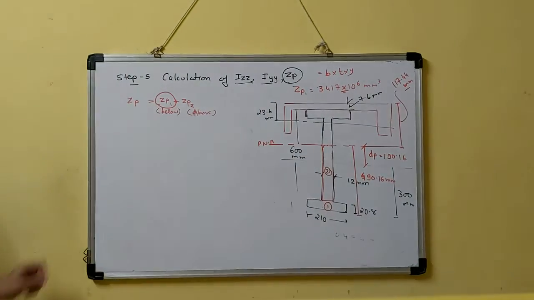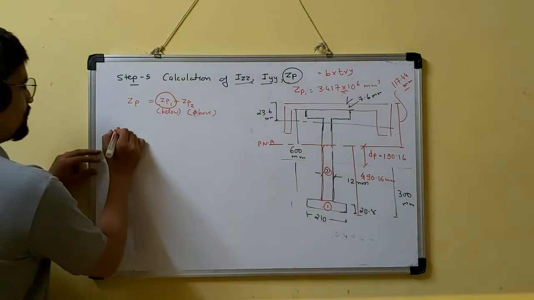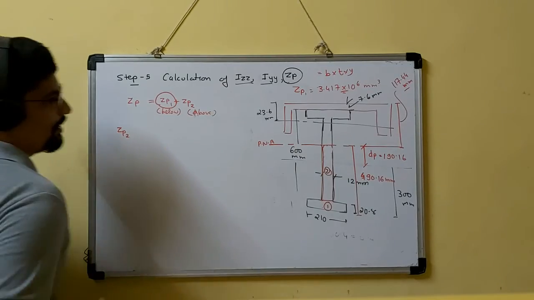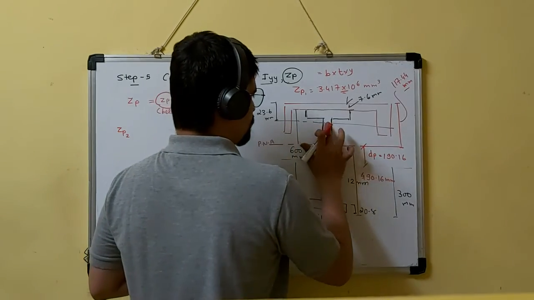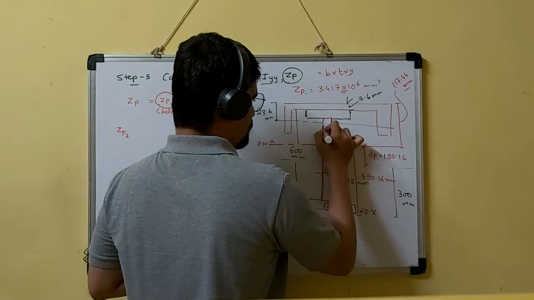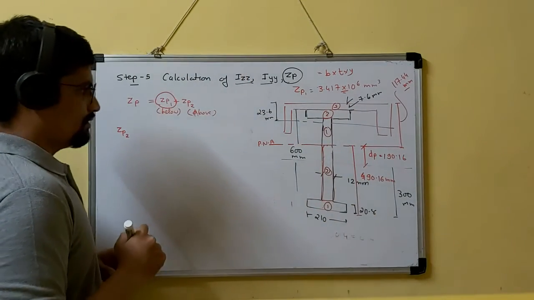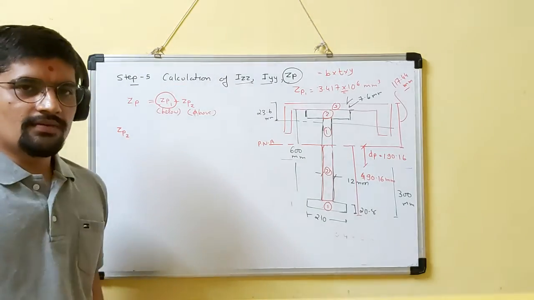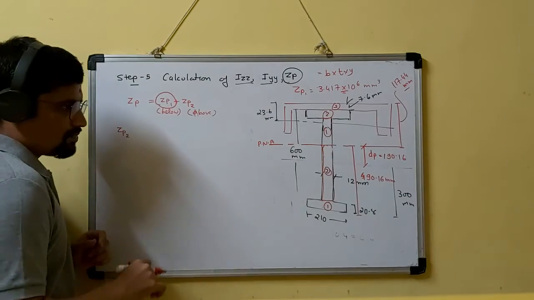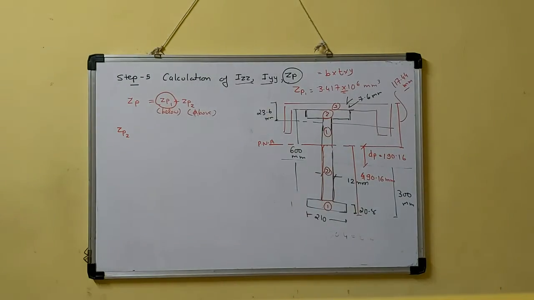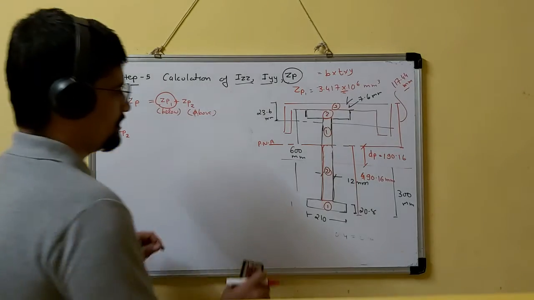ZP2 is the above portion. Now the section will be divided into 3 portions: first one this, second one this, and third one the C section. Let's maximize the figure for better understanding. I am rubbing this figure and maximizing it.